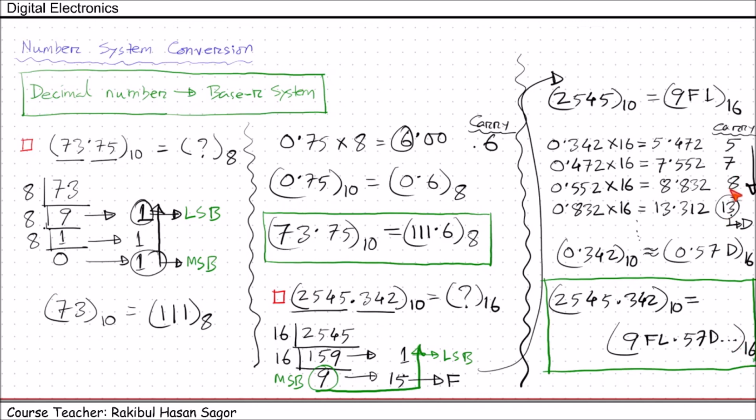Oh, here 8 is missing. It's 0.578D. I missed 8 here. Here there will be 8 in D. We are concluding here. We will continue in the next lecture.